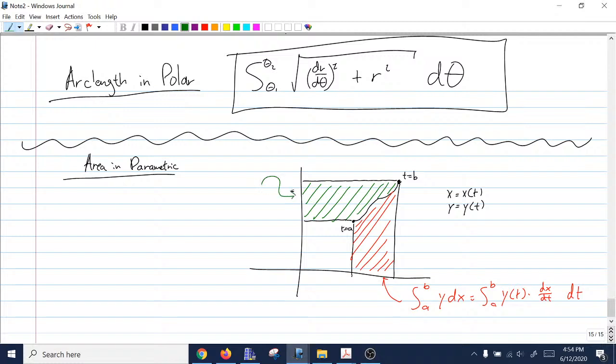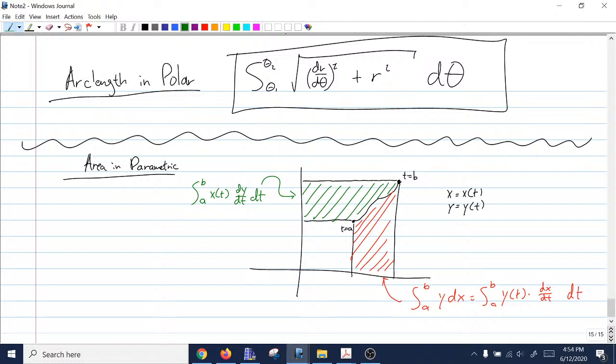But it's not anything deep to say this area is the integral from a to b of x of t dy/dt dt. It's the integral of x dy, which, with the letters x and y switched, is how you found all the areas in your Cal 1 class: instead of integrating y, you integrate x with respect to y.